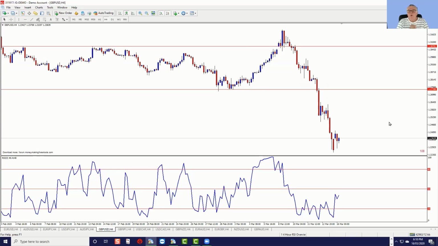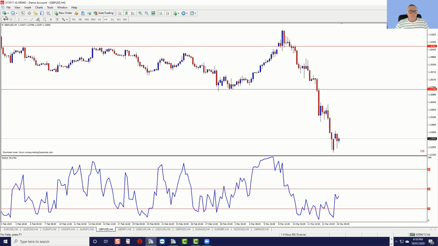Okay, so how do we use the RSI in a trending market? How can we make money out of it? You just use the opposite rules that you use normally. The rule that I like using, and you'll see a video coming out in the next day or so, says enter sell signals when the RSI first enters the oversold.